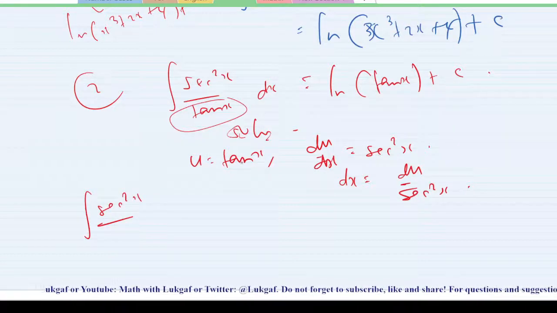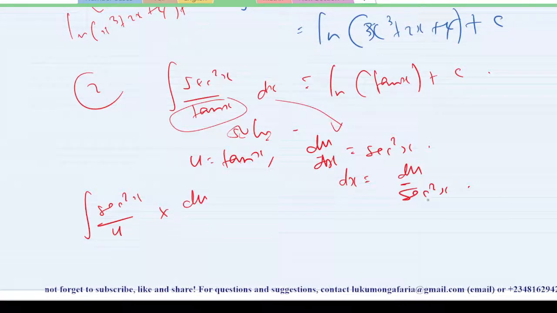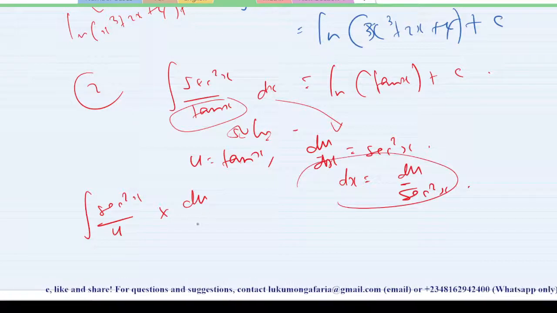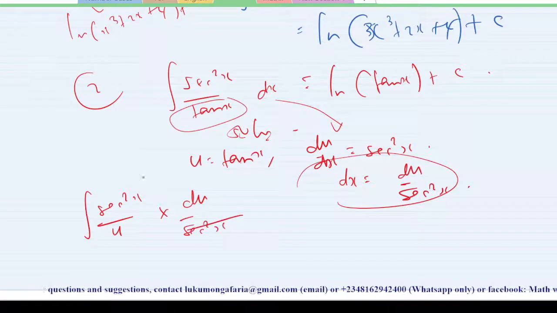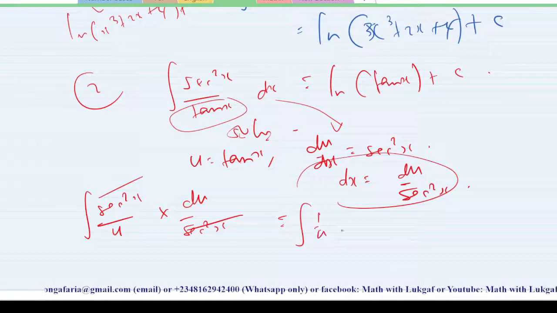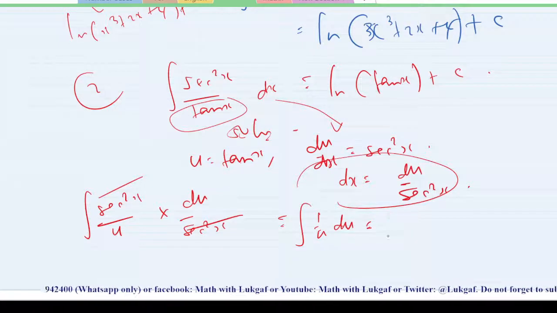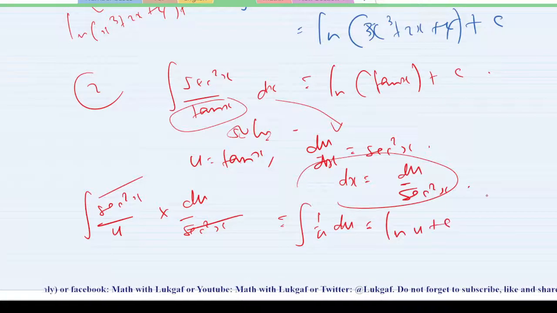You've made u to be tan x, then this will be u multiplied by, what is my dx? That is du divided by secant squared x. You know these cancel each other. Then we have the integral of 1 over u. And what is the integral of 1 over u? That is ln u plus c.